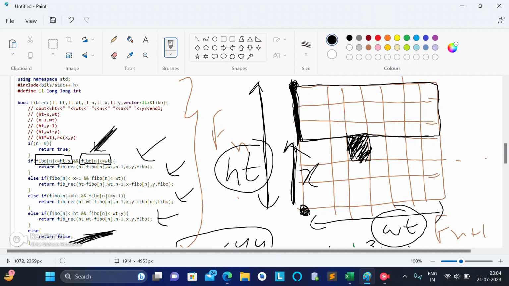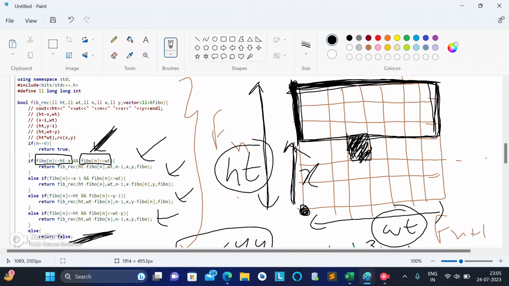So here you can see I marked. This is the height, this is the x, and this is height minus x. If Fibonacci of n is less than or equal to height minus x and Fibonacci of n is less than or equal to width, it means we will be able to fit our square having side Fibonacci of n in this section.